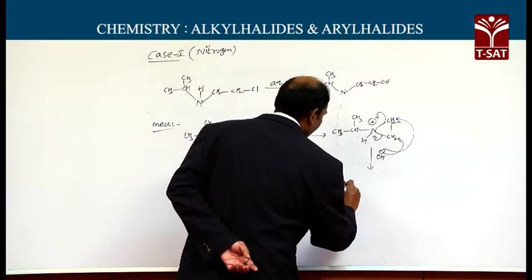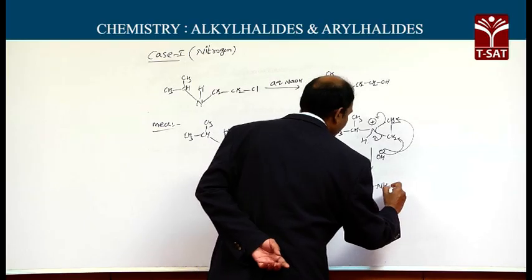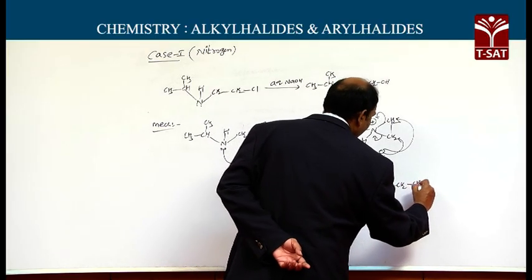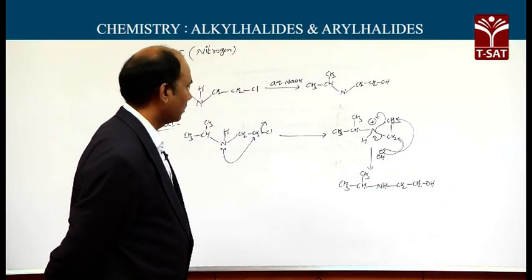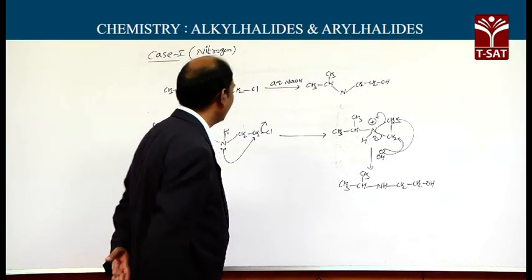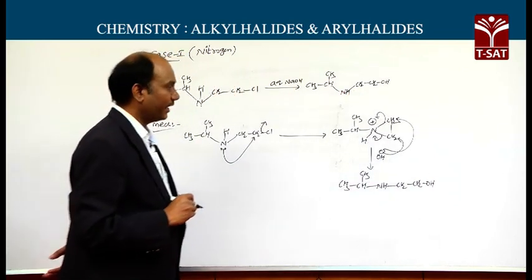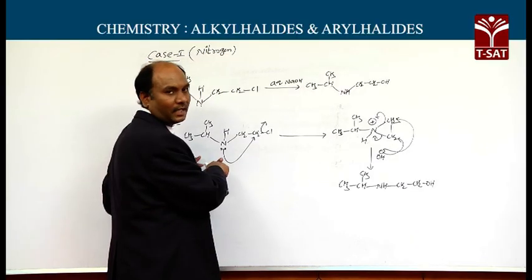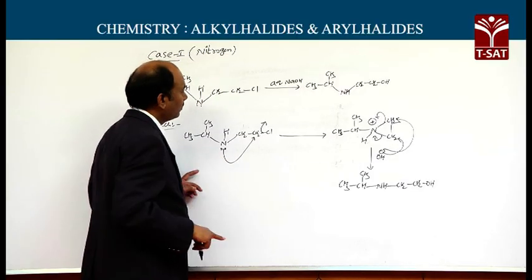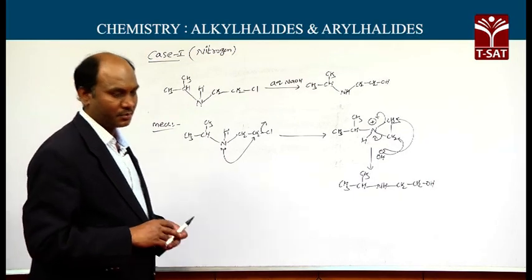What we get is CH3, NH, CH2OH. So this compound is formed, this hydrogen is present, this also hydrogen is present. This is the example of neighboring group participation. This internal nitrogen acts as a nucleophile. So this is neighboring group participation, case 1, by using nitrogen.